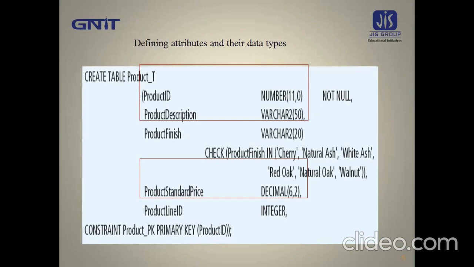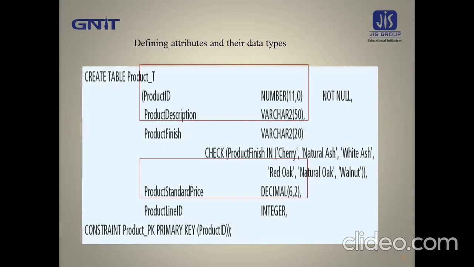Anything else, like if you want to insert orange, that won't be acceptable here, because we have written a constraint. Check is a keyword for putting a constraint in a table, right?